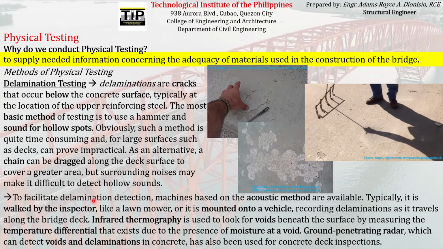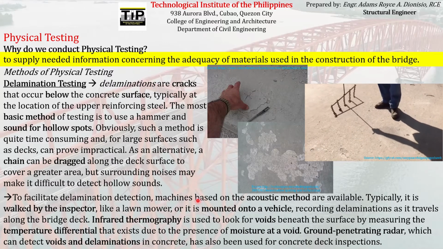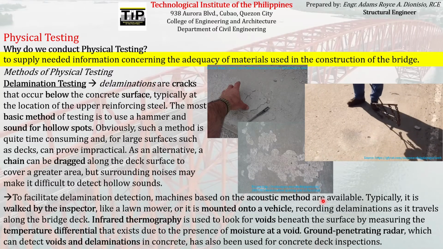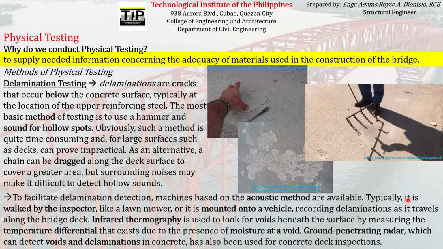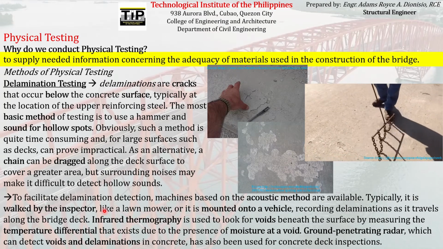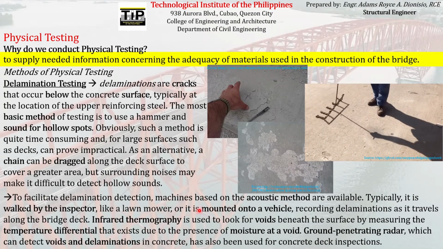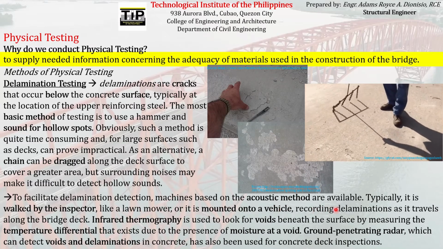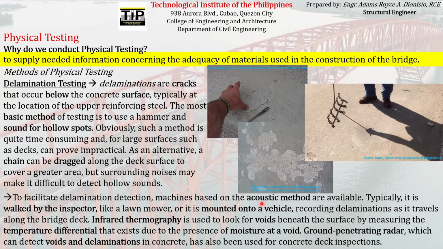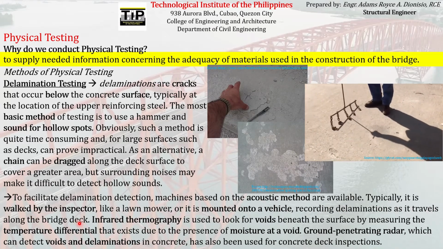To facilitate delamination detection, machines based on the acoustic method are available. Typically, it is walked by the inspector like a lawnmower, or it is mounted onto a vehicle, recording delaminations as it travels along the bridge deck.